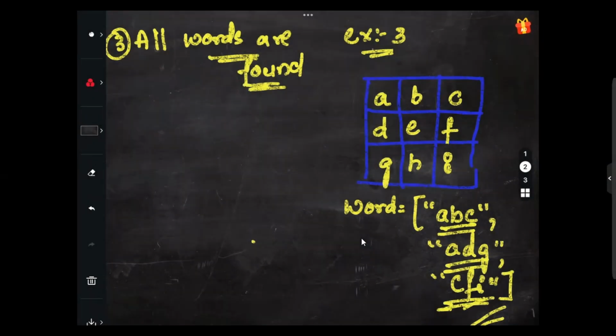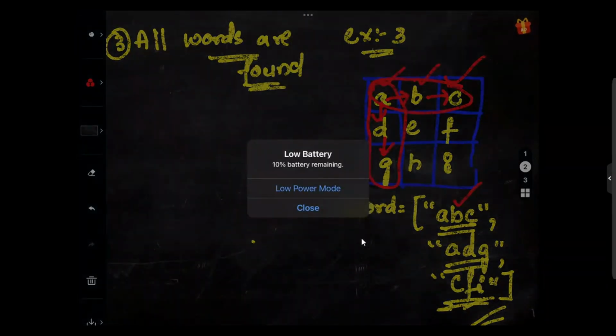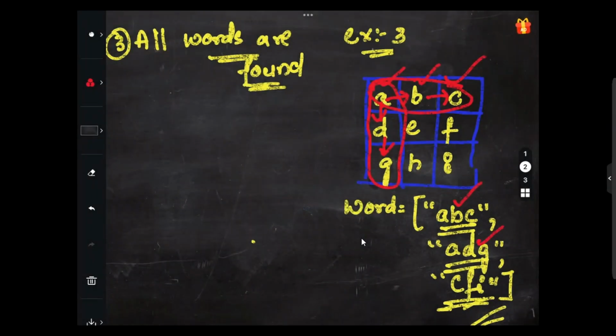ABC first, we go here and found ABC right here, so this satisfies the condition. Next ADG: we'll start with A itself, followed by D, then followed by G. We can move either horizontally or vertically one step, either up, down, left, or right, when we are performing the DFS. So this satisfies the condition as well, ADG.